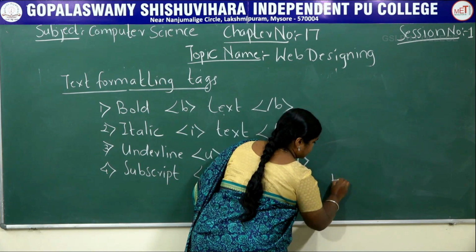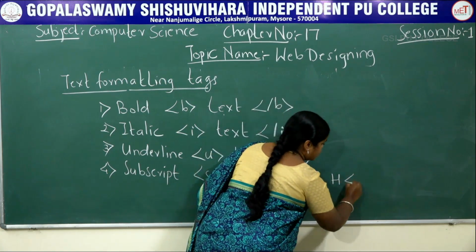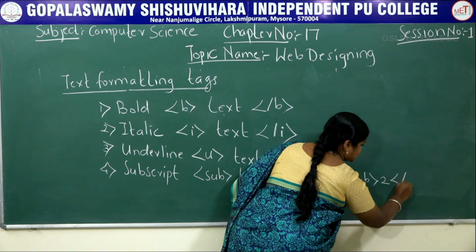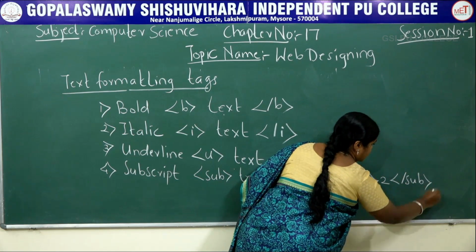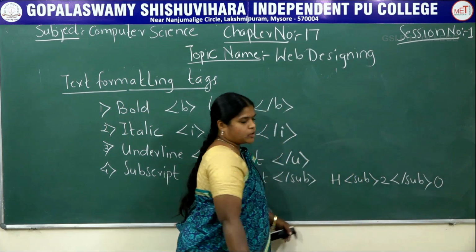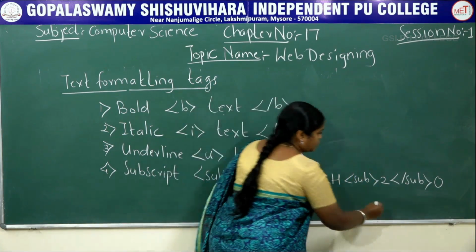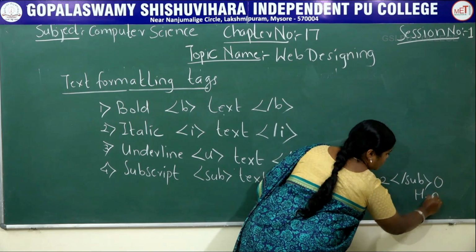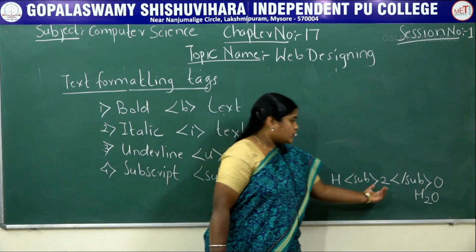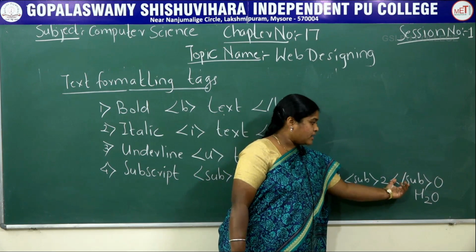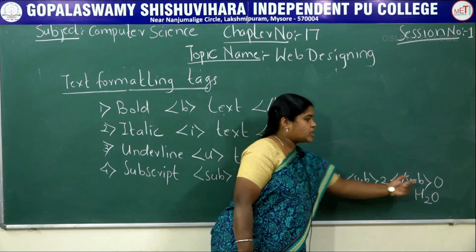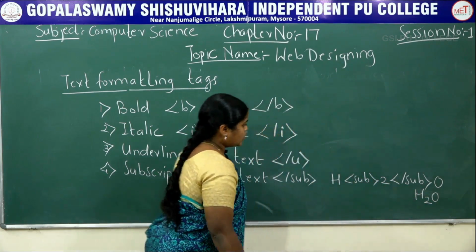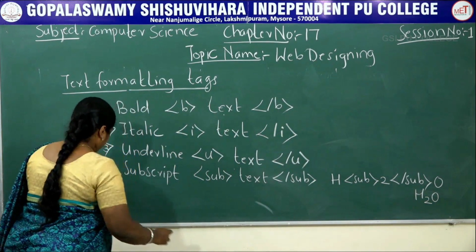If I write the tag something like H, then SUB, then 2, then /SUB, then O, what will be the output of this particular tag? The output you are going to get is H2O. So the 2 will be subscripted as compared to H and O. H and O are displayed at a normal level as compared to 2. So this is how the subscript tag works.